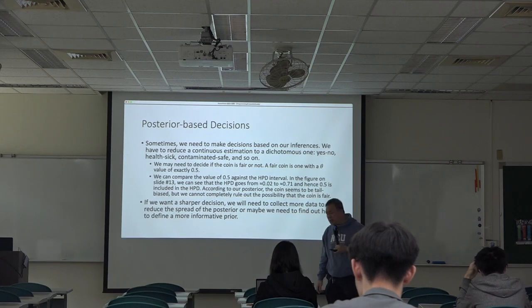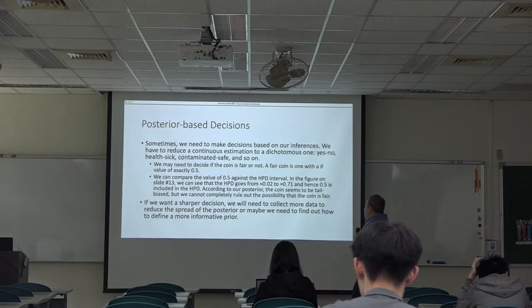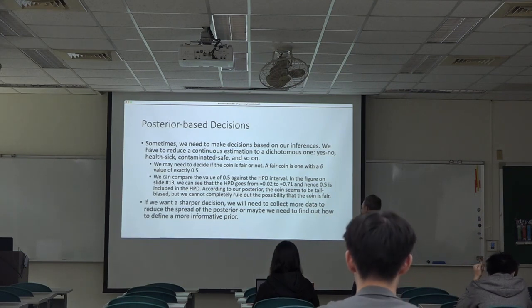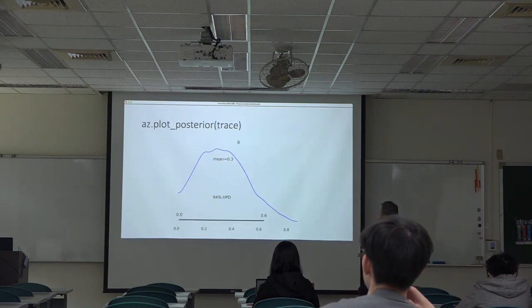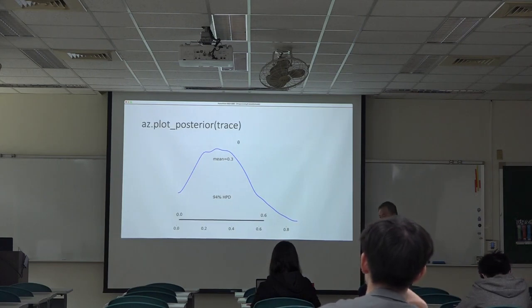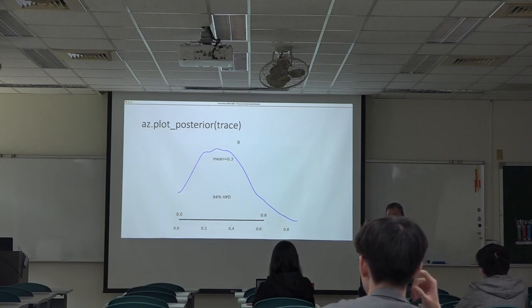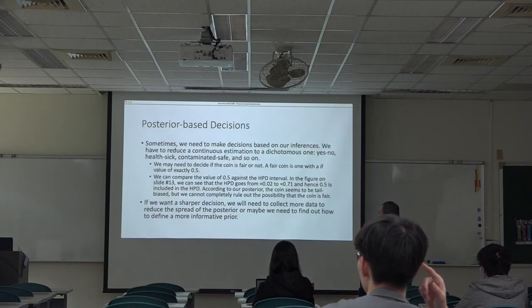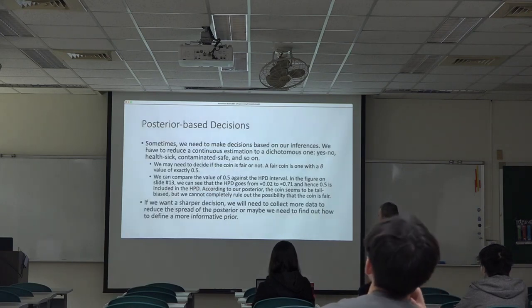So if that's the case, we could say that we cannot completely rule out the possibility that the coin is fair. Even though we know from this figure that the distribution is obviously biased toward the tail, because the 94% HPD includes 0.5, we cannot rule out the possibility that the coin is fair.